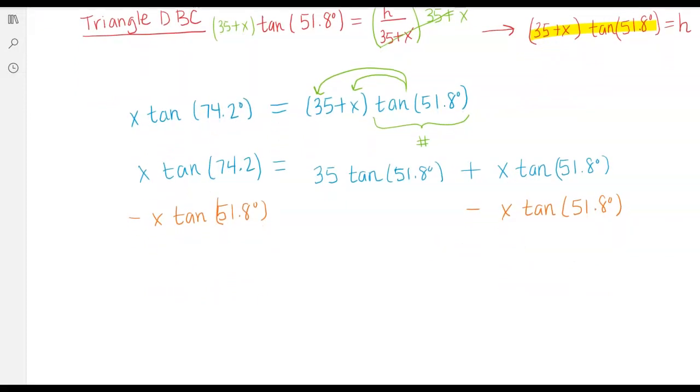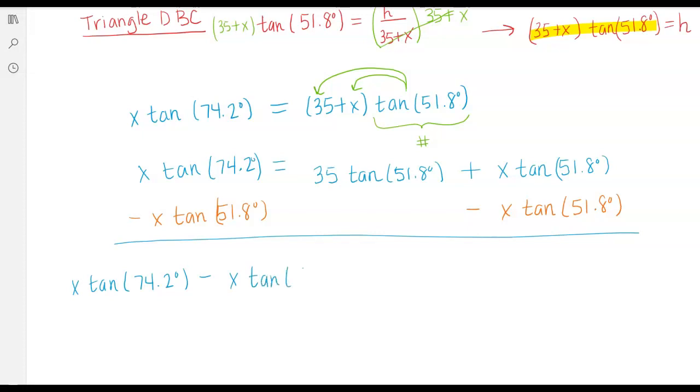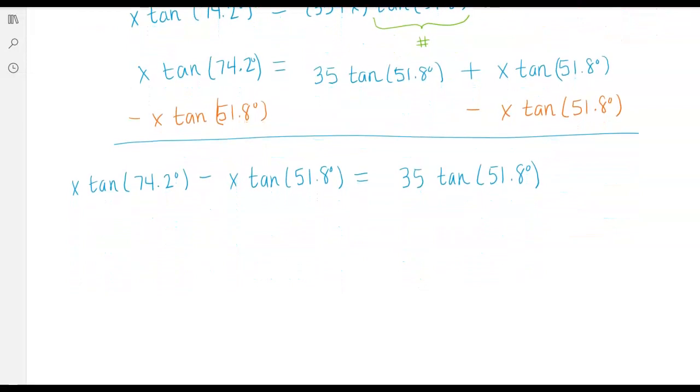Okay. So now on the left-hand side we have x times the tangent of 74.2 degrees minus x times the tangent of 51.8 degrees equaling 35 times the tangent of 51.8 degrees. I have two numbers. This is one of them, this is another one, and they both are multiplied by x.